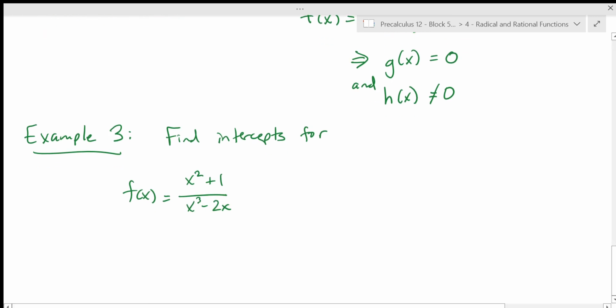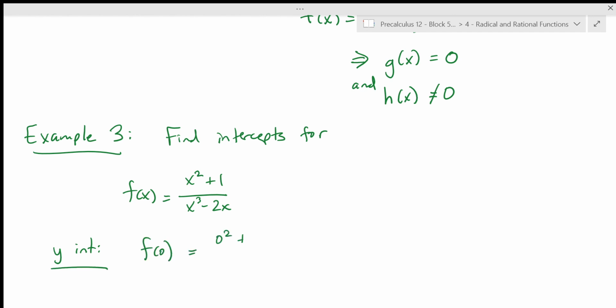Let's start with our y-intercept. Well, f of 0 equals 0 squared plus 1 over 0 cubed minus 2 times 0, which gives us 1 over 0.